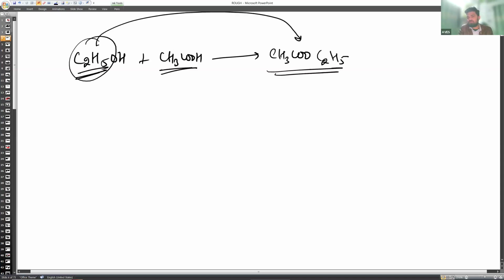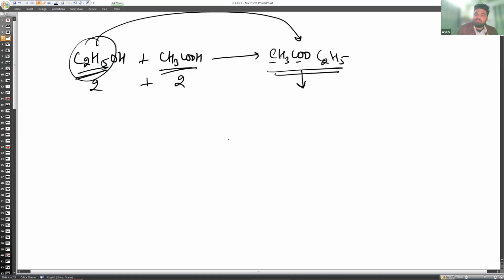Now count the total number of carbons: 2 plus 2, 4. So the ester is going to have the total number of carbons of both the alcohol and the carboxylic acid, the sum of them.